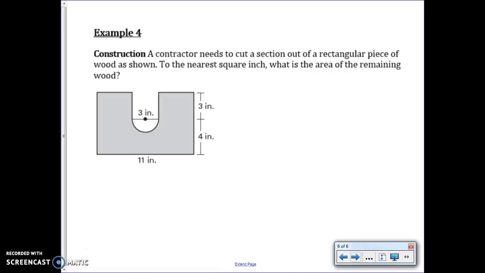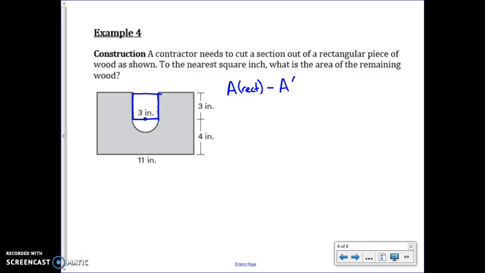Alright, last question doesn't really have to do with area of a sector so much. It kind of goes along those same lines when we get into cutting these pieces apart. It's saying we need to cut out a piece of this board. So we have a rectangular board. We need to find the area of the rectangle, and we need to cut out, and I'm going to break this apart, a square, it looks like.